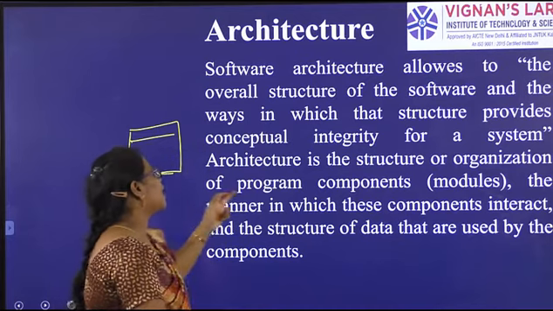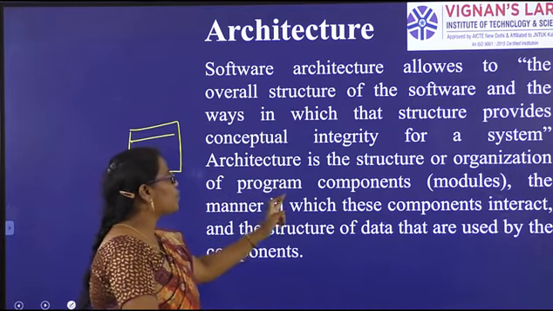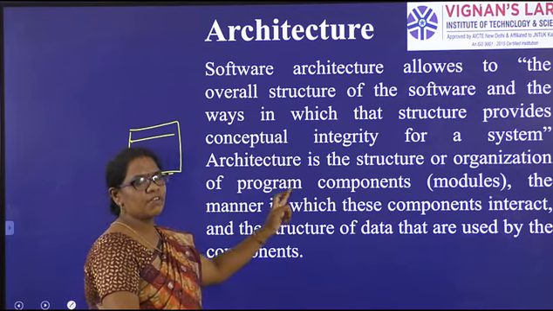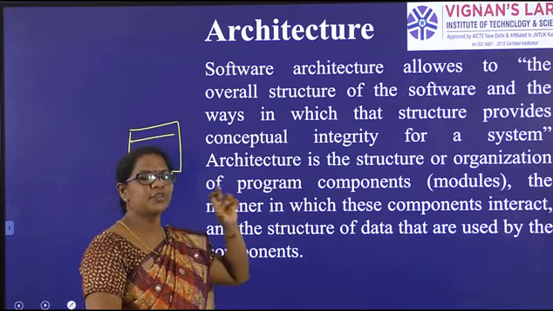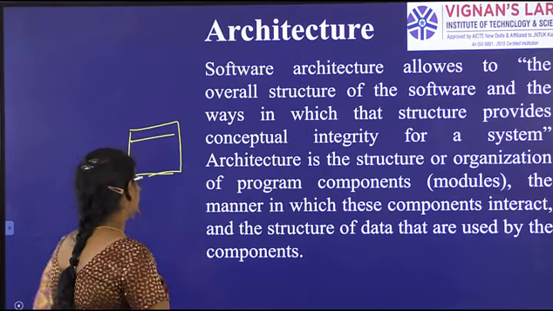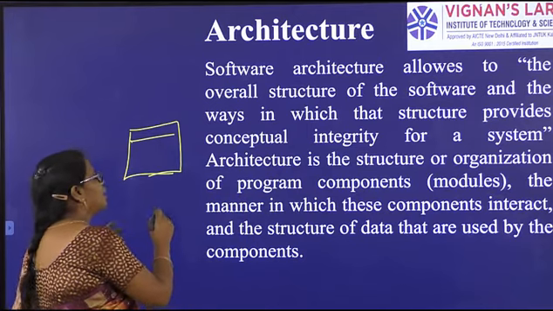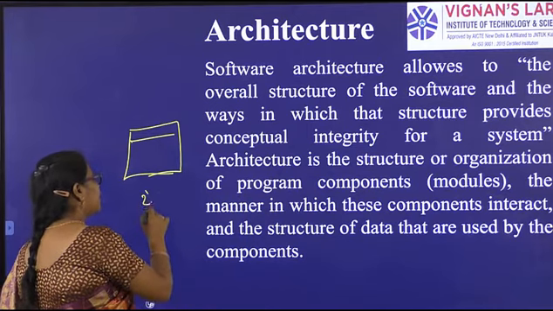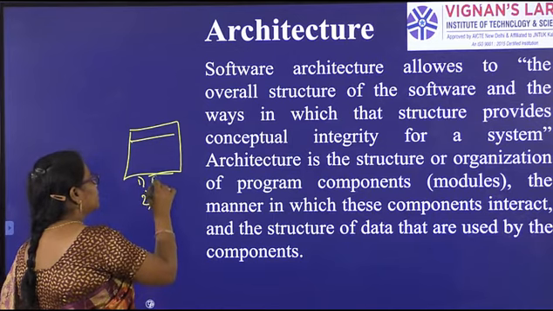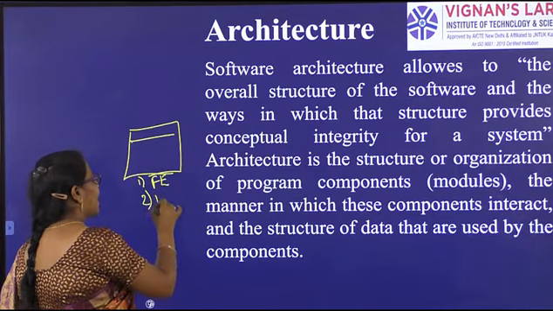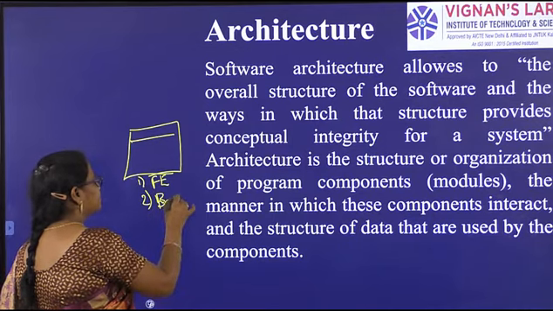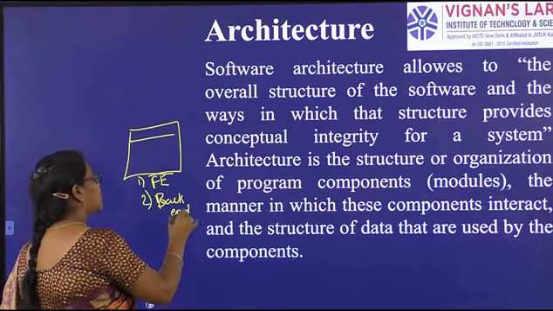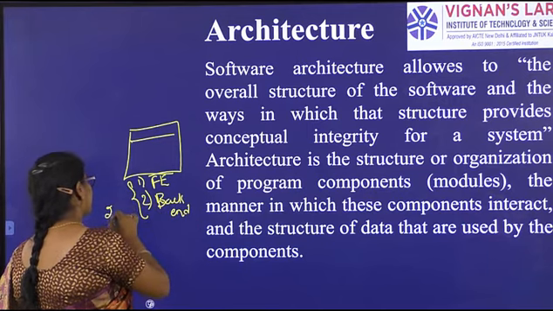architecture. So architecture is the structure of organization of program components, whether they are modules. A module is nothing but a unit. Okay. So for example, this is a website. A website has two modules. One is the front end and second is the back end. So we can say these two are the two modules.